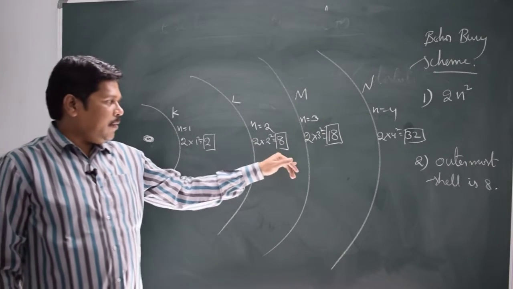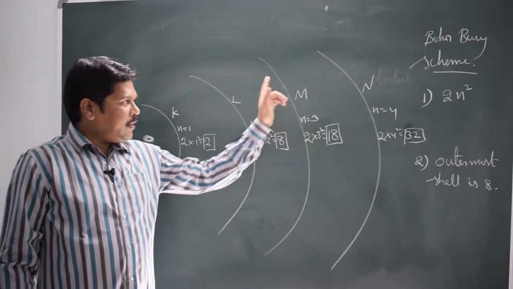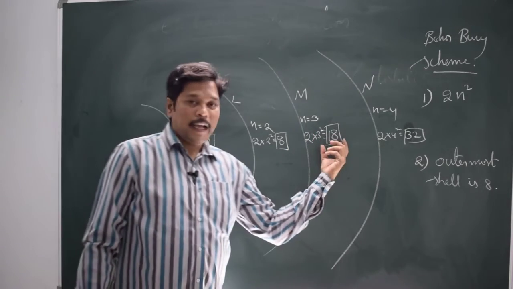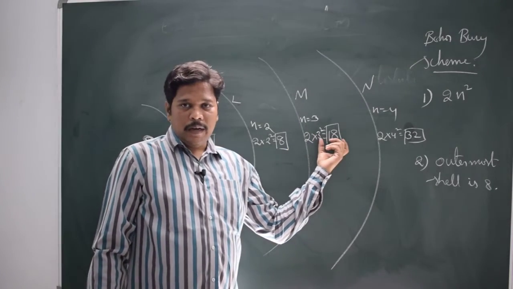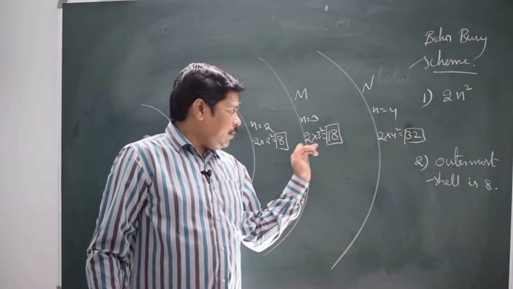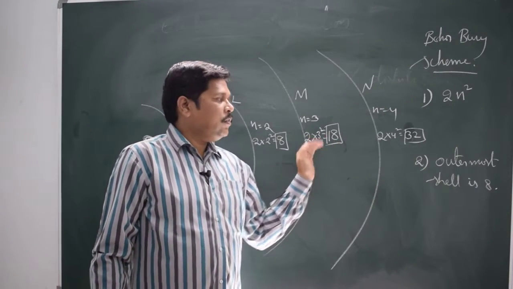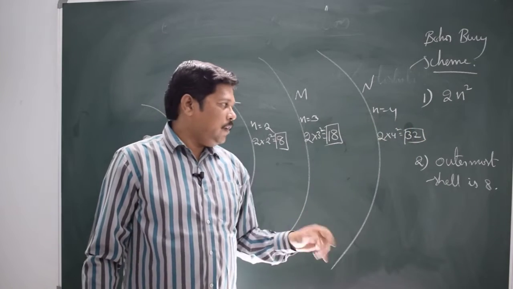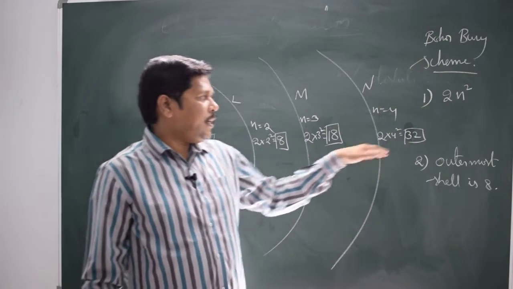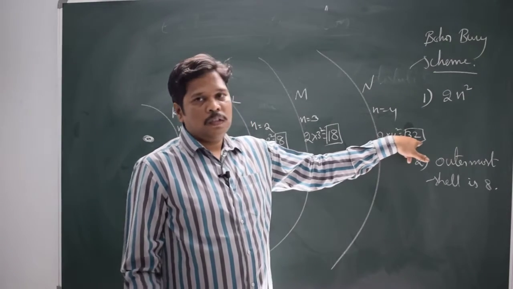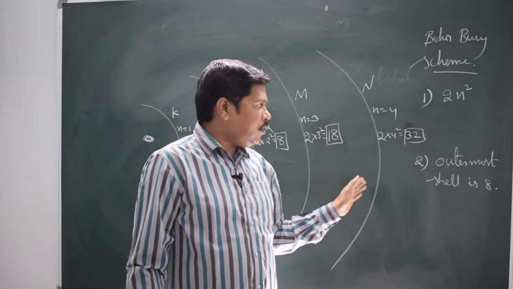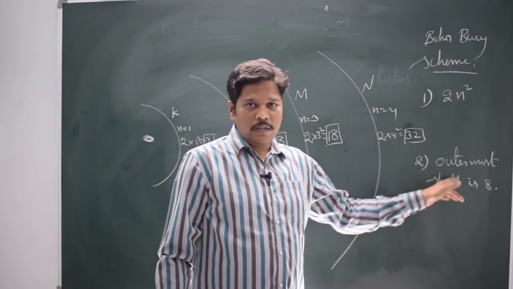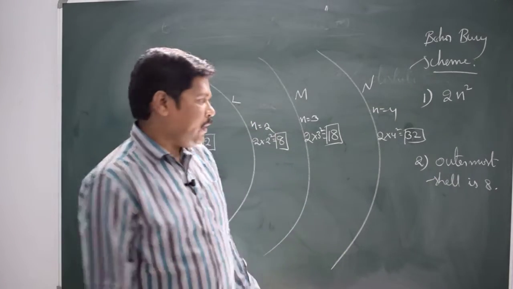Up to the L shell there is no problem, 8 electrons can be accommodated, but the M shell can hold 18 electrons. Though it can accommodate 18 electrons, if it becomes the outermost shell, it can accommodate a maximum of 8 electrons only. Now the N shell can accommodate 32, but if it becomes the outermost shell, then it can accommodate only 8 electrons. You have to remember this rule, it is very important.